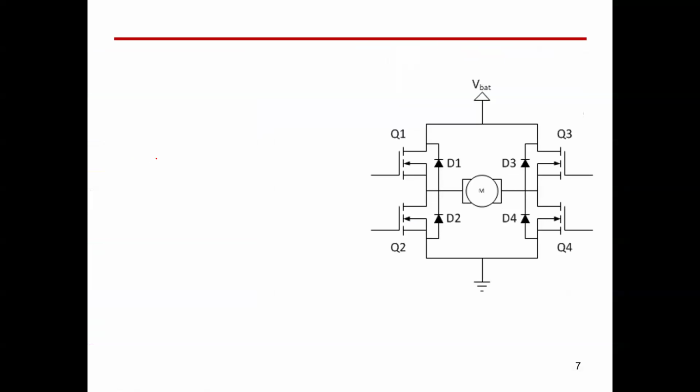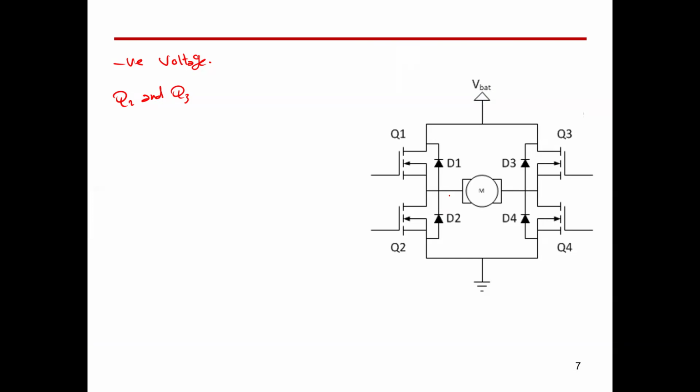So for the backward, or let's say opposite direction, negative voltage, if you turn on Q2 and Q3. When you turn on Q2, this means this ground point will be connected to that point.